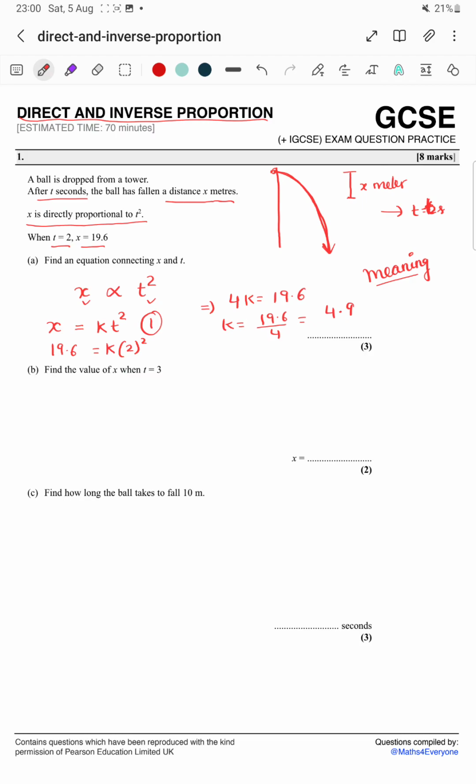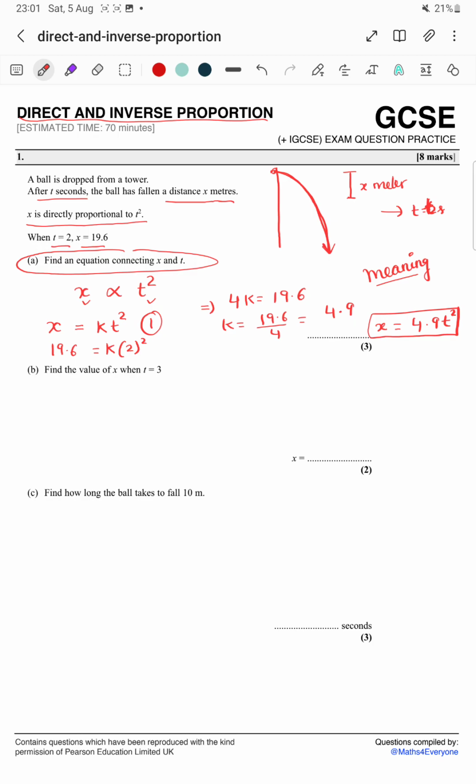So I can say my equation will now be x is equal to 4.9 t squared. They asked us in the first part to find an equation which will connect x and t. So I got this one, that x is equal to 4.9 t squared. That is the first part of this question.